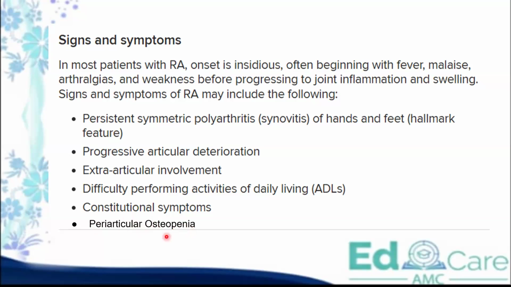So there's thinning, or they have almost transparent sort of bones. So periarticular osteopenia is around the joint. There is osteopenia, right? So that's important because that comes in one of the MCQ questions, right?